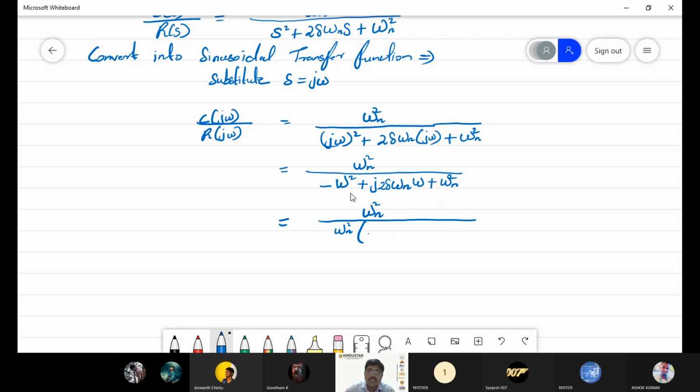So the first term will be minus omega square divided by omega n square, plus the second term j into 2 del omega n, not omega n, omega, because omega n square we have taken outside, so omega n divided by omega n square will come. Therefore I can write omega divided by omega n, then plus omega n square divided by omega n square, so it will become 1.